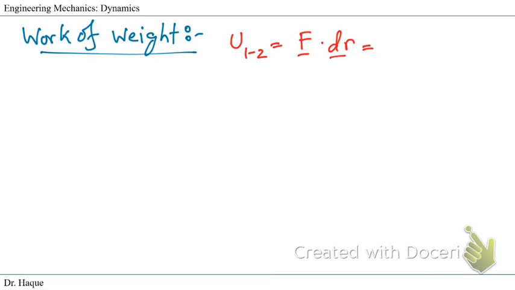So in this case, for any particle, let's draw something, it will be easier. If we have 3 dimensions, x, y, and z, there is a particle in 3 dimensions that is free falling, no other force is acting, and the only force acting is its weight pulling it down.